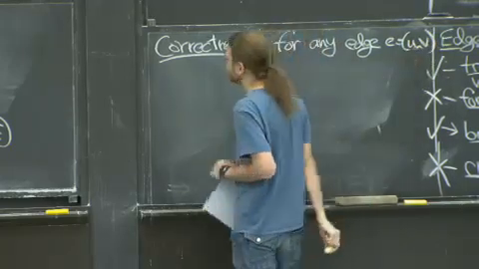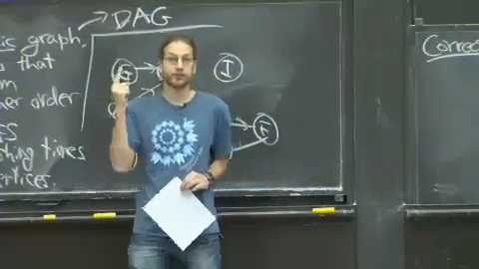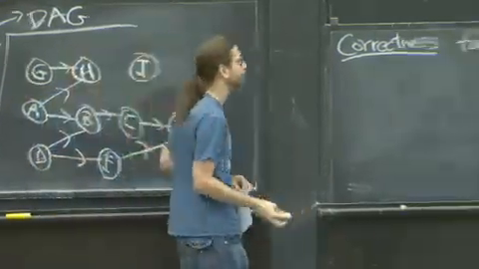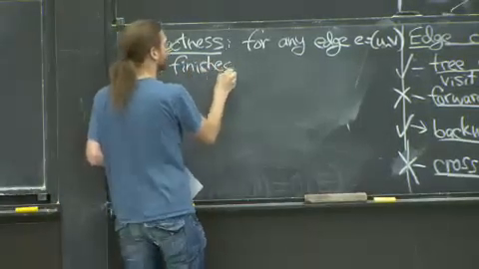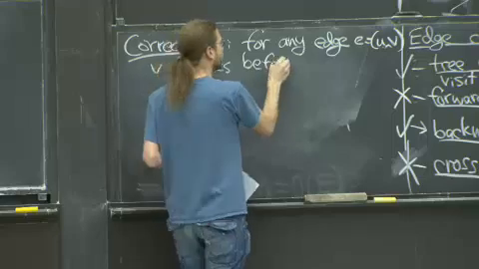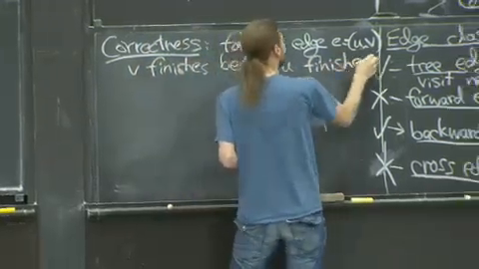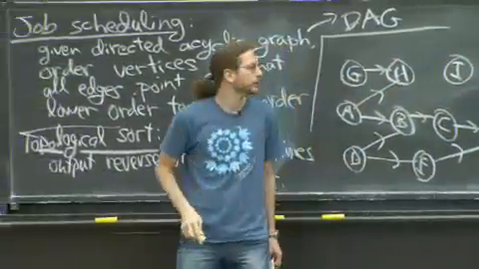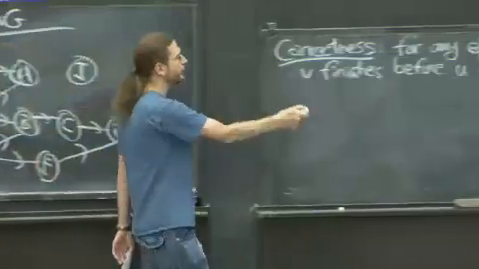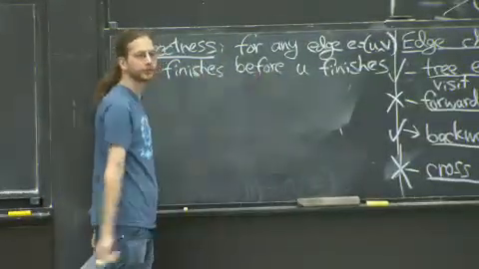What that means is for an edge uv, we want to show that v finishes before u. That's the reverse, because what we're taking is the reverse of the finishing order. So for edge uv, I want to make sure v finishes first so that u will be ordered first.